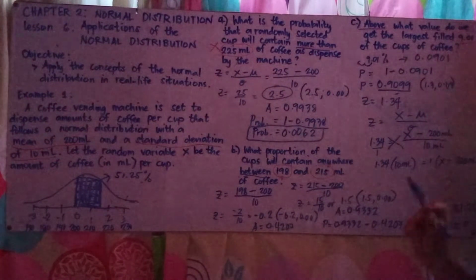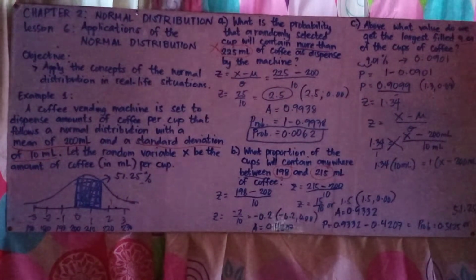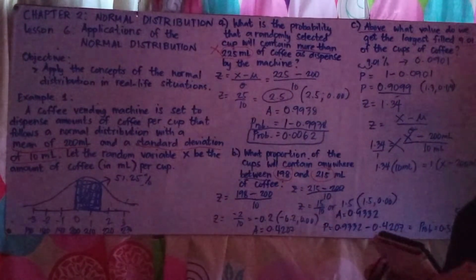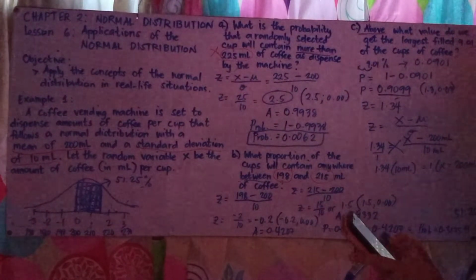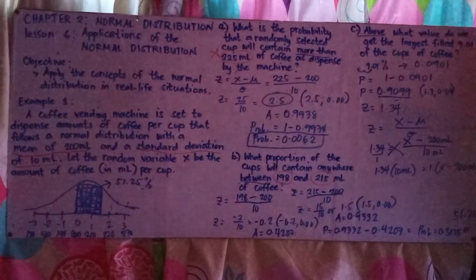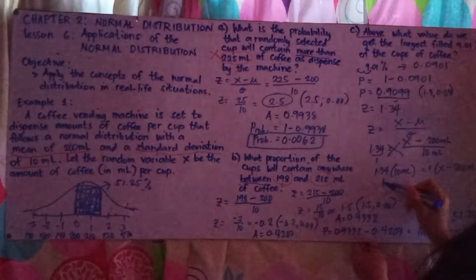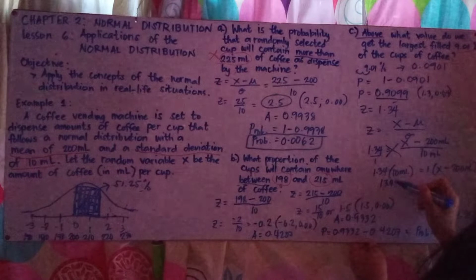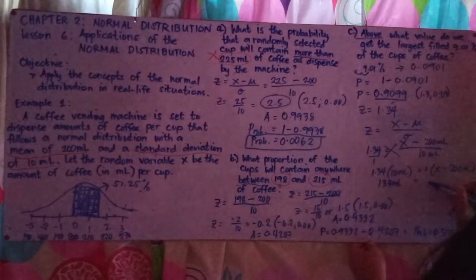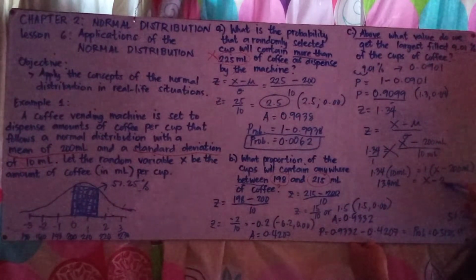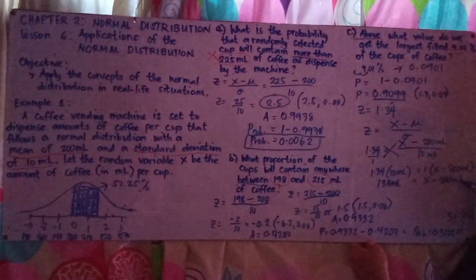Compute 1.34 times 10, which is 13.4. So, 13.4 ml equals x minus 200 ml.